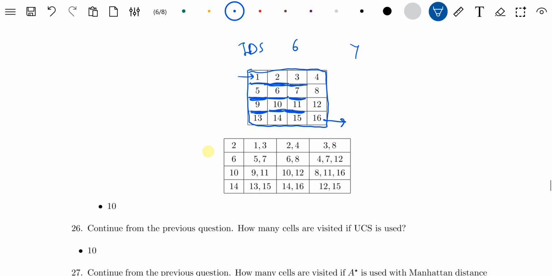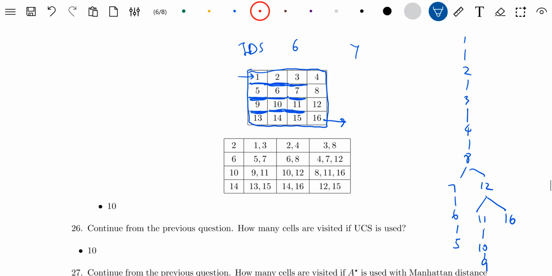So let's actually draw it as a tree. 1 goes to 2, goes to 3, goes to 4, goes to 8. 8 can go to 7 and 12, and 7 can go to 6, 5. 12 can go to 11 and 16. 11 can go to 10 and 9. 16 can go to 15. Well, we don't really care.